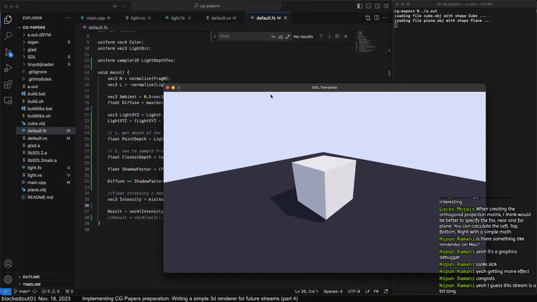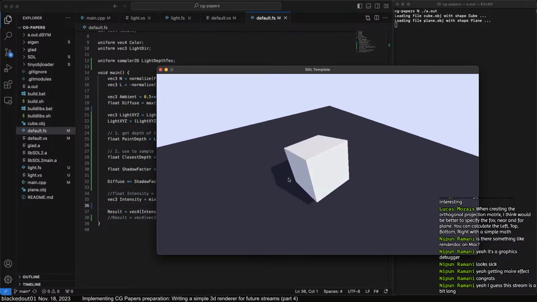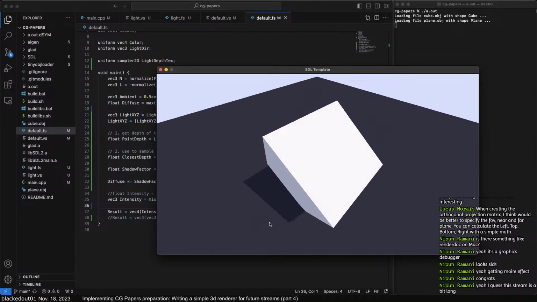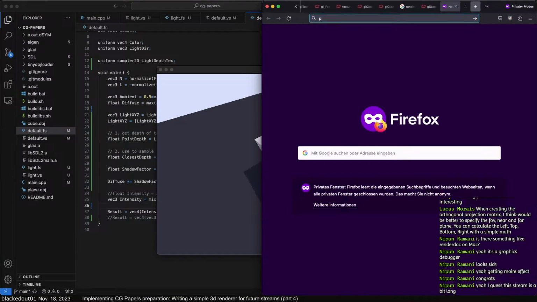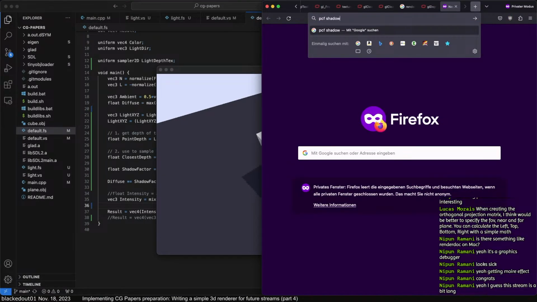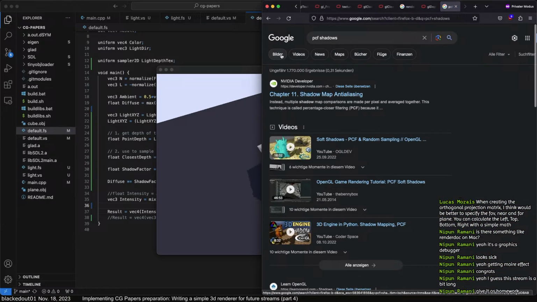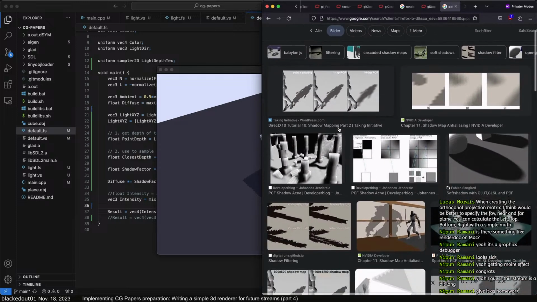So maybe I can teaser what I wanted, how I wanted to improve this. So there is this method called PCF, which is percentage closer filtering. Yeah, okay. So it's your homework.